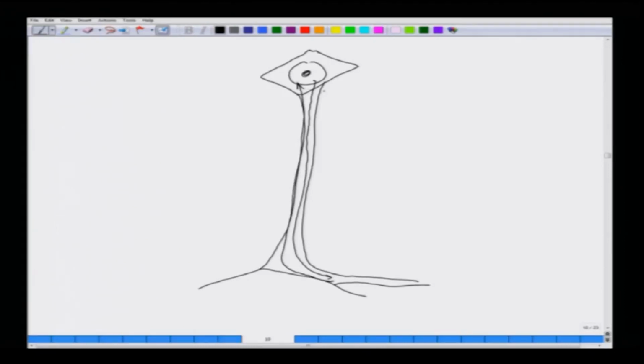And this whole transport mechanism is very, very essential, because in several neurodegenerative diseases, it has been observed that this transport is obstructed.